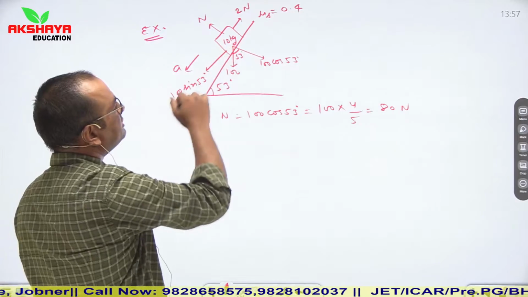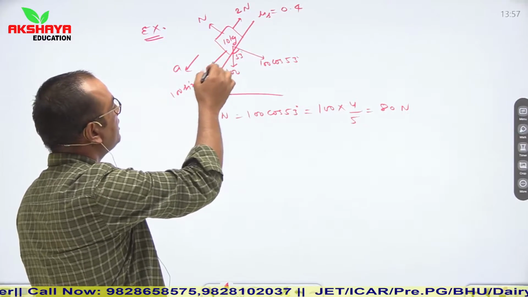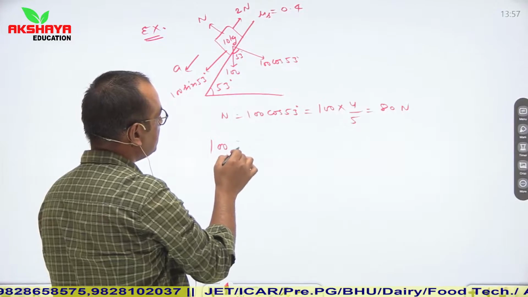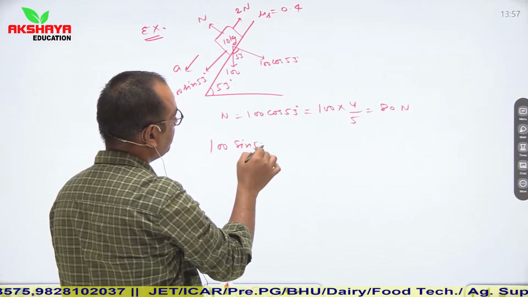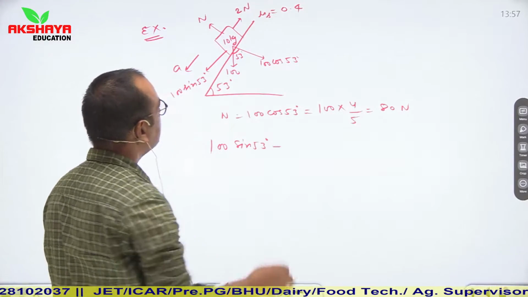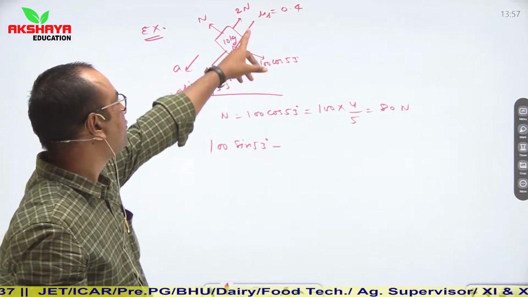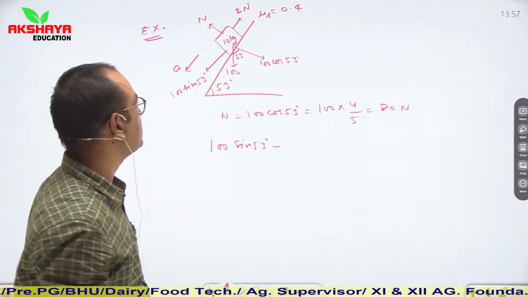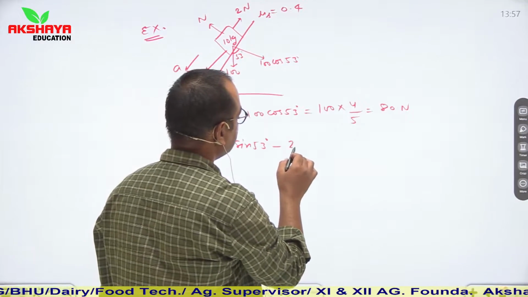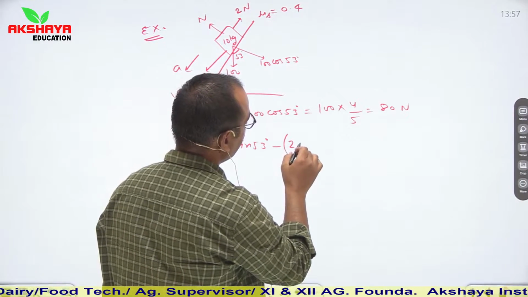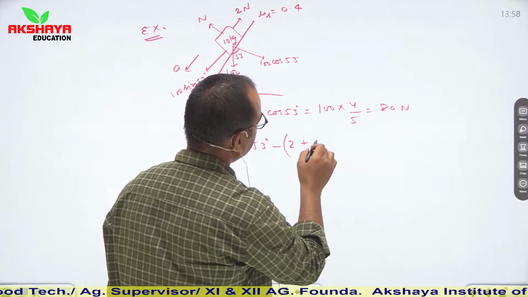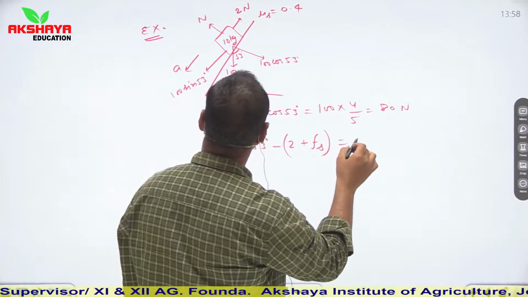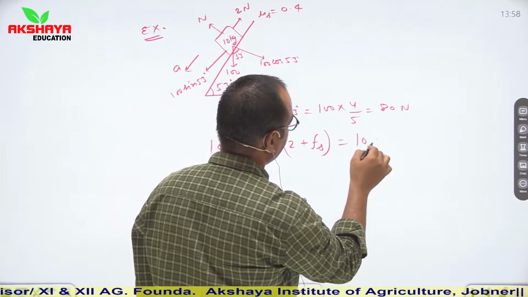Similarly, along the surface or along the inclination, it is accelerating downward direction. So 100 sin 53 minus, see, in upward direction there are two forces, one of 2 Newton and another one is frictional force. So it is minus 2 plus Fs is equal to 10A.